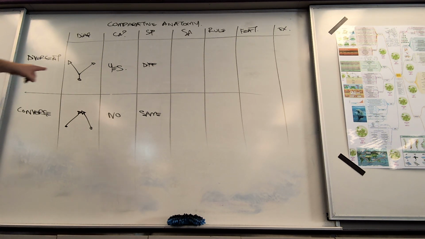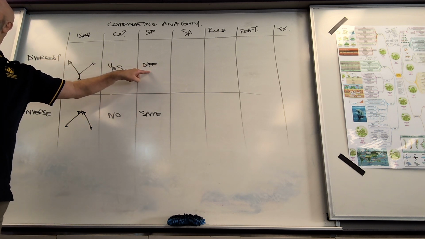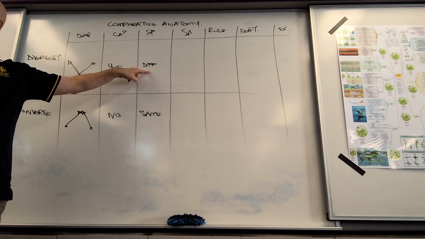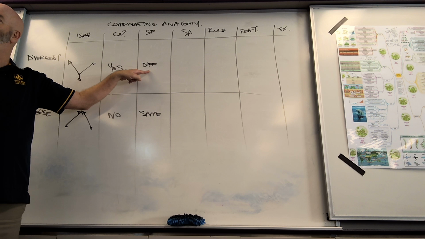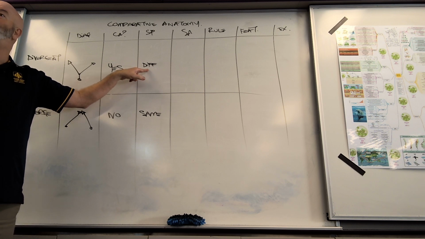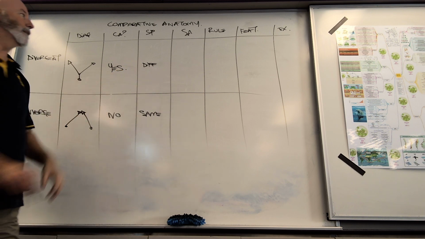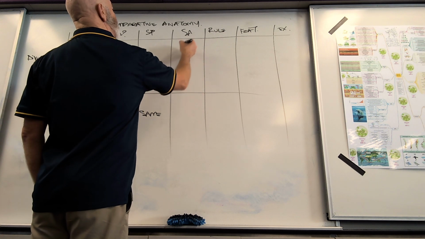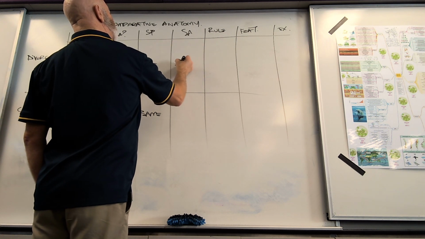SA, if you've got different selection pressures, are you going to have the same answer? No. You've got different questions, therefore you're going to have different answers. Selective advantage is also going to be different.